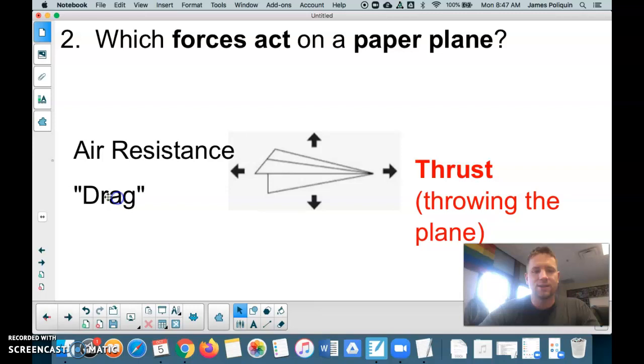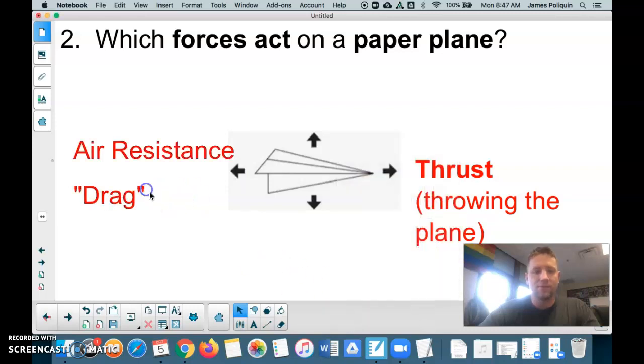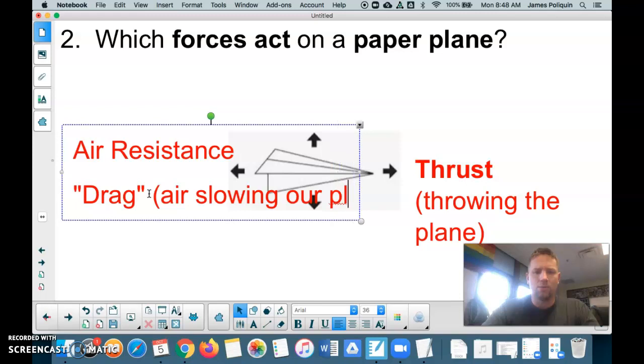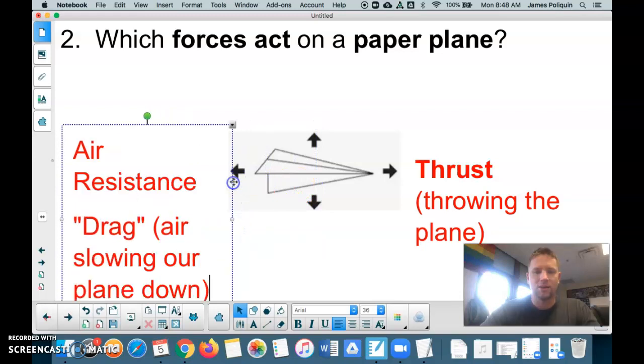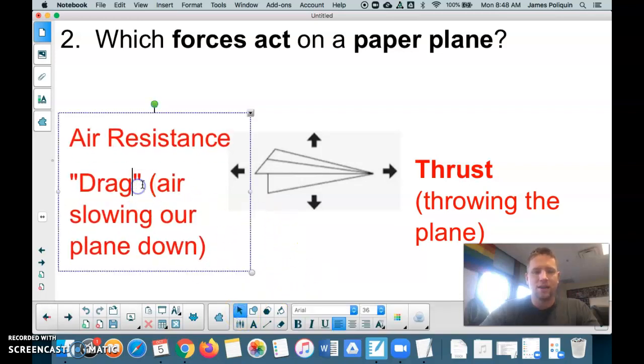Air resistance or drag. And what does that come from? It comes from the air slowing our plane down. The air resistance, it is drag, and it is the air slowing our plane down.